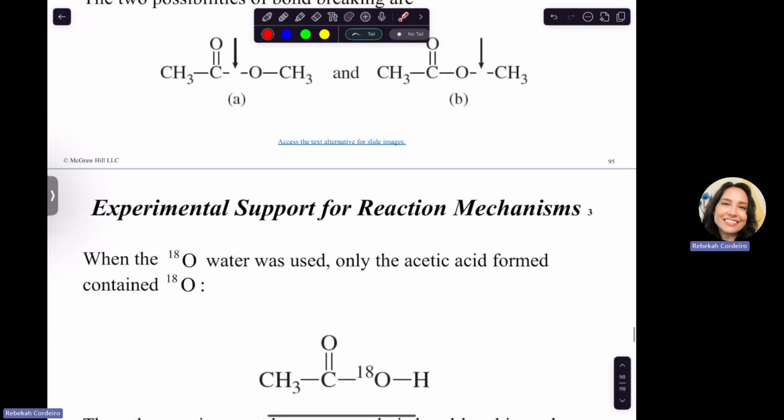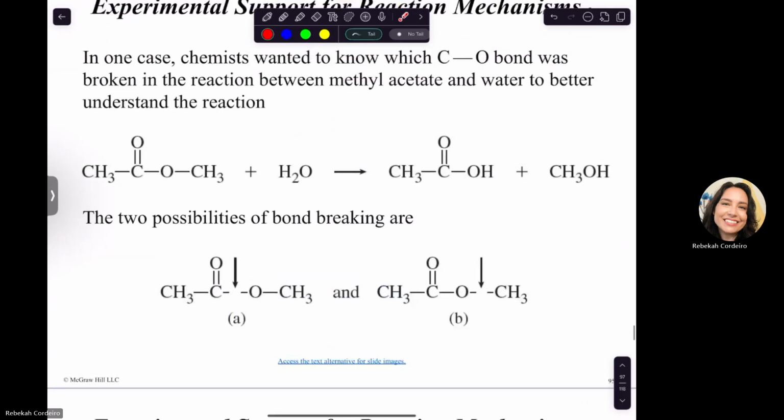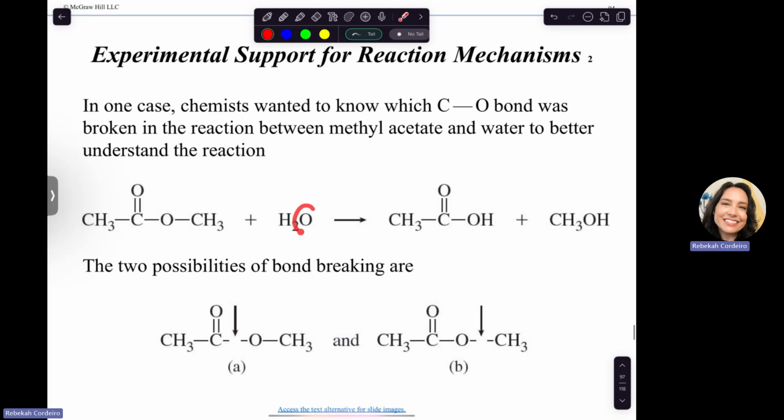So essentially they flagged the oxygen in water. So they flagged this oxygen. They said, all right, the water oxygen is going to be oxygen 18. So where does that O go? Is it going to be this is the O with water or this is the O of water? And so water breaks apart just so we can have an idea of what's happening here.